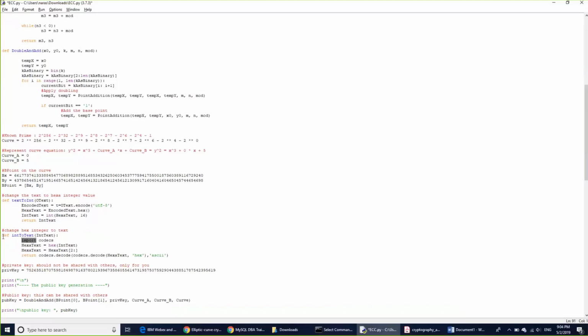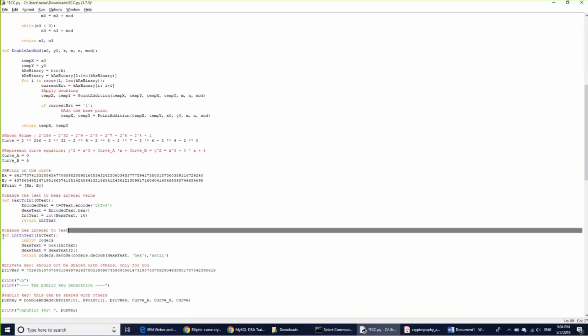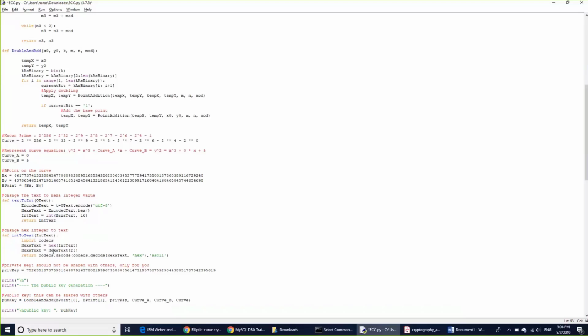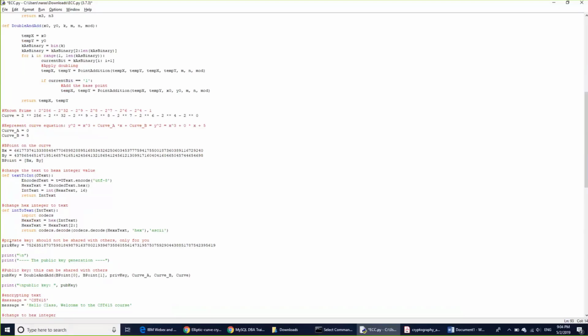This function will be used in the decryption method. Okay, and this is a private key variable, so we can replace this value with any other value, because this is a private key.